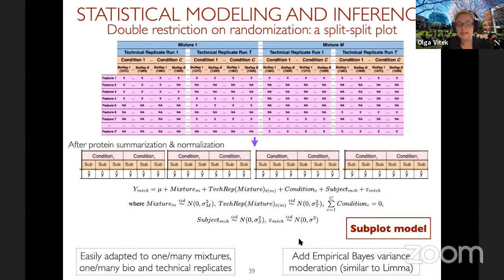And so since oftentimes these experiments still have a small sample size, Ting actually added this empirical Bayes variance moderation from limma. So you have an option to assume that your noise associated with the signal is a weighted combination of the protein-specific noise and the shared noise across all the proteins. Again, to be used with caution because it's a very strong assumption, and typically it doesn't really make any difference beyond 3 replicates per condition.